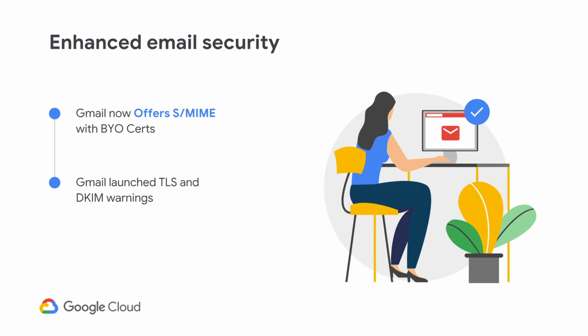This is now the industry standard way of encrypting emails, and it requires emails to be signed and encrypted when they are sent out. It's also important that you can bring your own certificates and use them with S/MIME. But Gmail has additional security features, such as TLS and DKIM warnings.